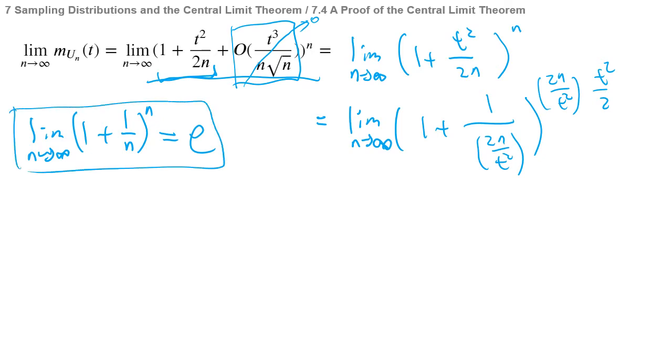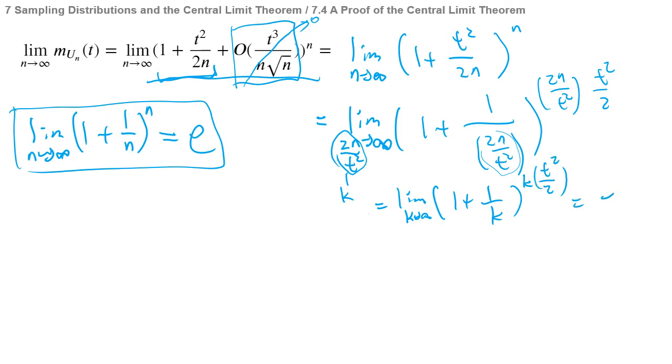And so as n goes to infinity, this thing goes to infinity. Actually, we can put 2n over t squared, which goes to infinity, and let's put 2n over t squared equals k, and then this one is the limit as k goes to infinity of (1 plus 1 over k) to the k, and here t squared over 2.